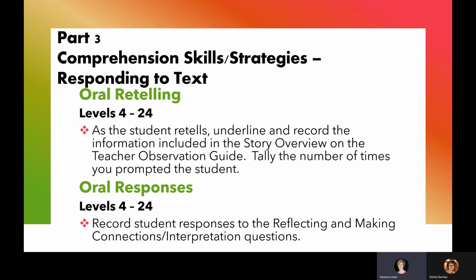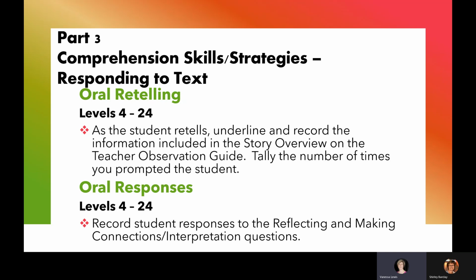With that, we are also looking at a few differences between the various levels. For levels 4 through 24, as a student retells the story, underline and record the information included in the story overview on the teacher observation guide. That guide has the text there, and you'll be working through scoring on it while the student is speaking.